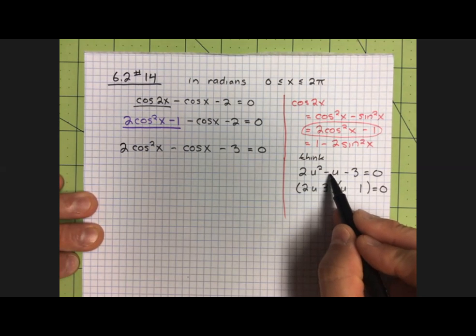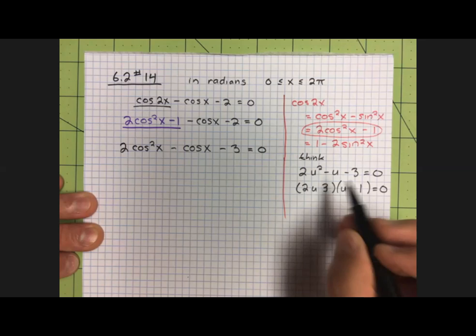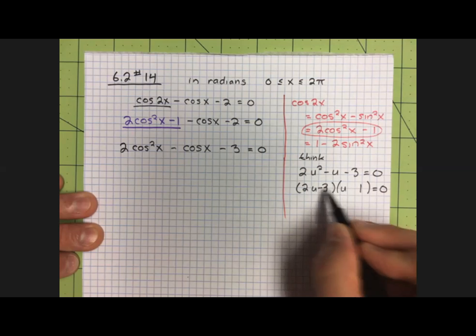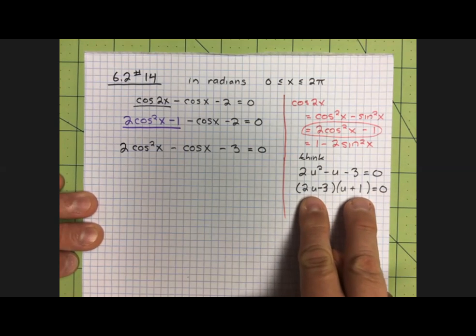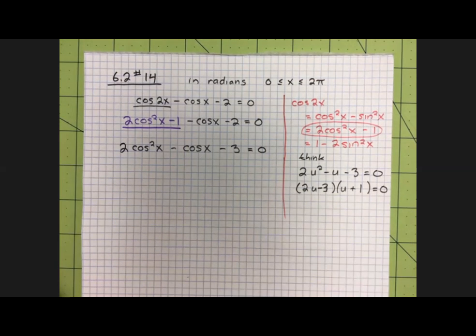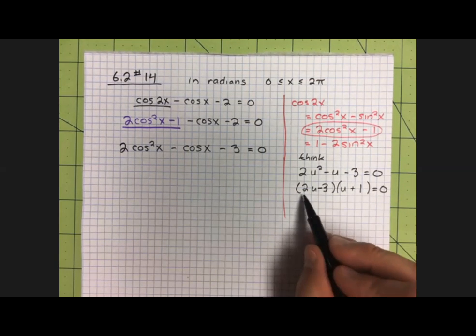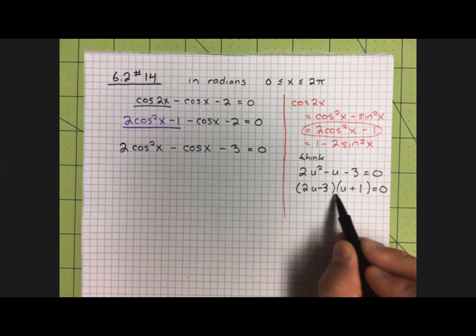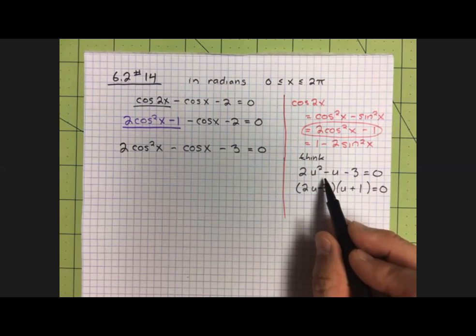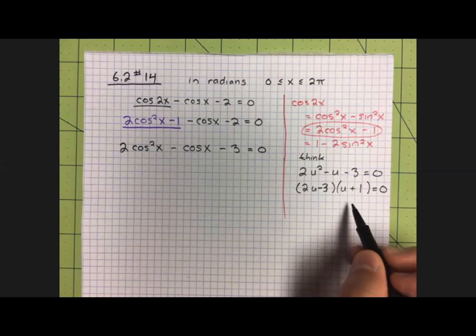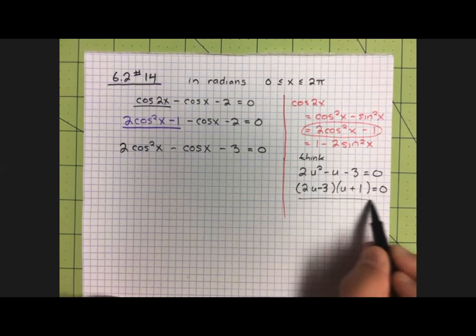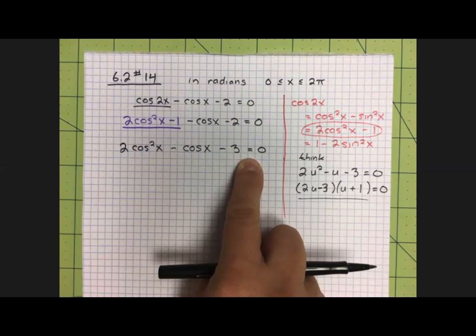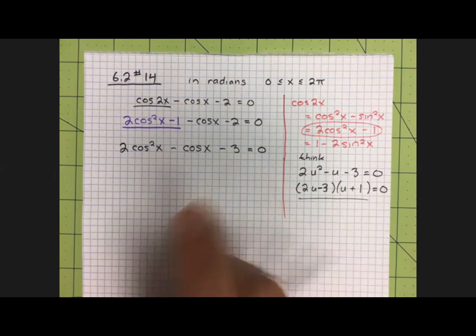And I want negative u in the middle. So I want negative 3u and plus 2u. Is that a legitimate factoring? Got the 2u squared? Yep. Minus 3u plus 2u is minus u. Yep. Minus 3 times plus 1 is minus 3. Okay, that's positive. That means I can factor this, and I don't necessarily have to fill in the quadratic formula.